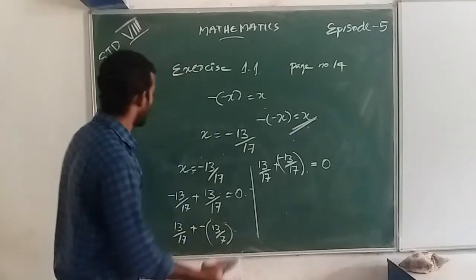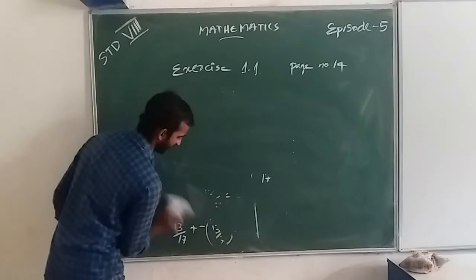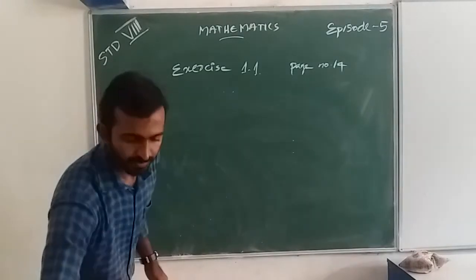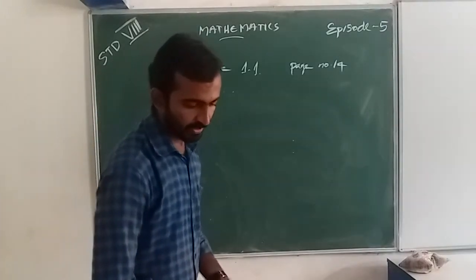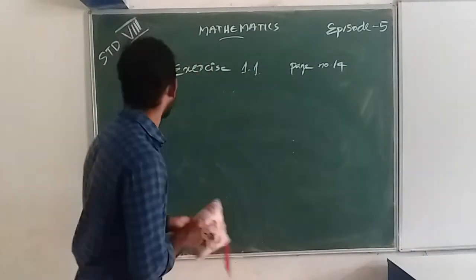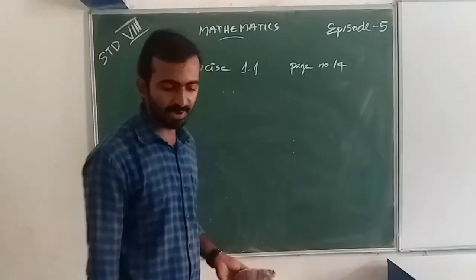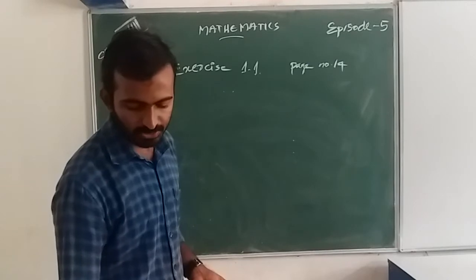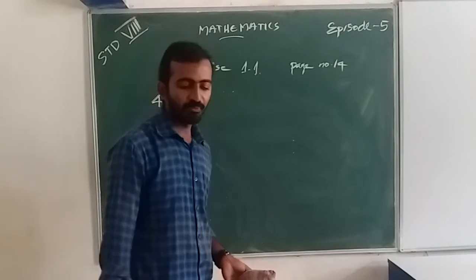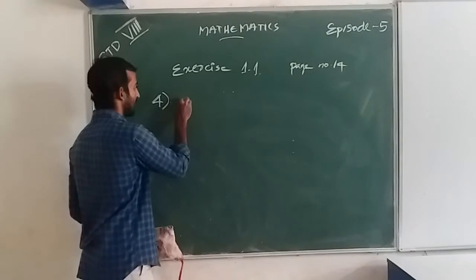The next question, the fourth question, is to find the multiplicative inverse of the following. The first one is minus 13.